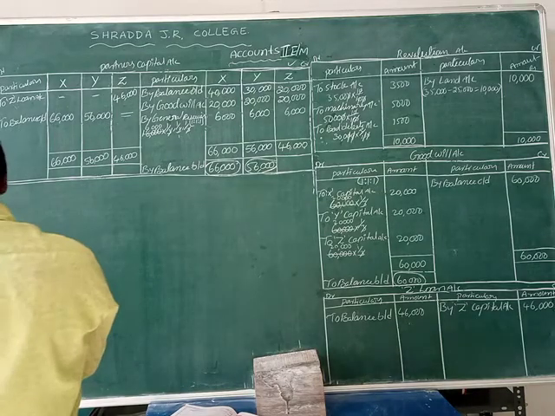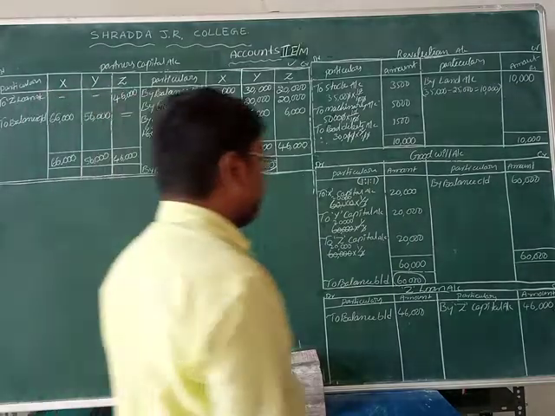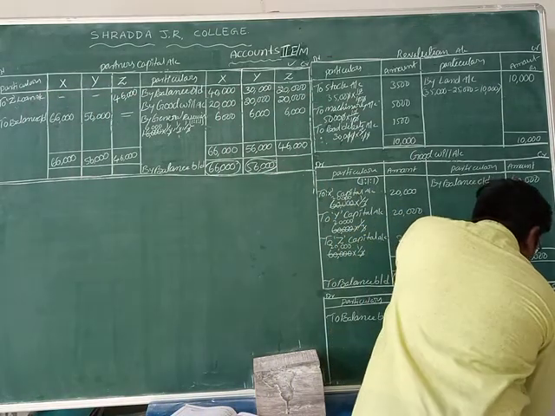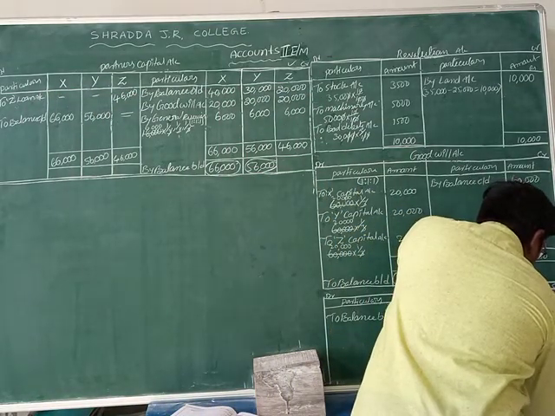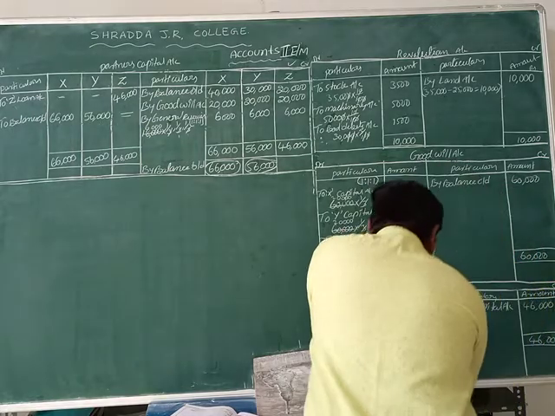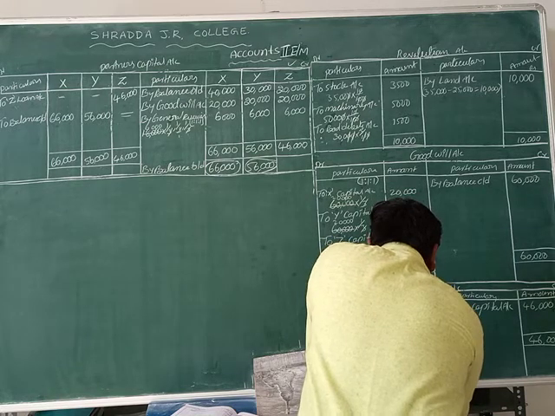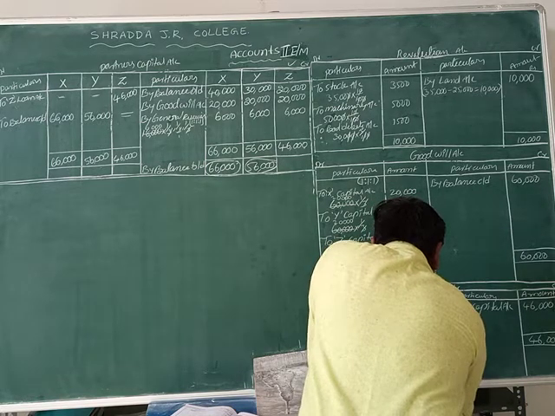46,000 rupees is enough. So next we are doing the total amount of the credit side: 46,000, and here also 46,000 rupees.